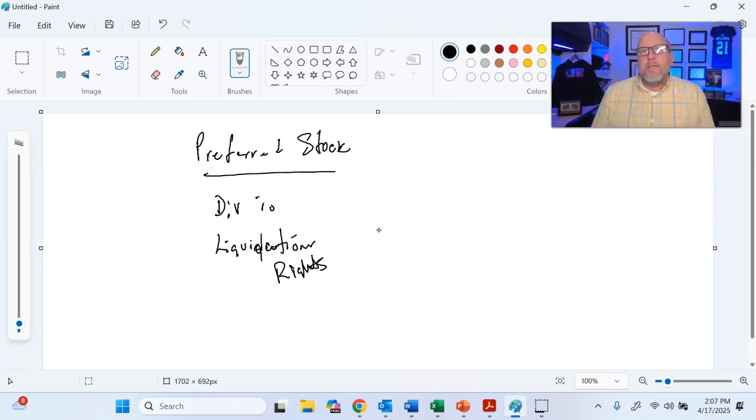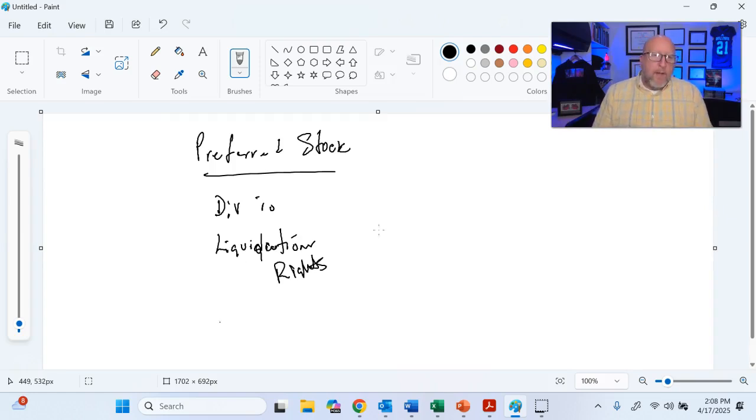Sometimes preferred shareholders will be given an opportunity to convert their preferred stock to common stock, so they have conversion rights. It could depend on things like exchanging after 5 years, or assuming the company reaches a value of X. It's not always going to be 1 to 1.